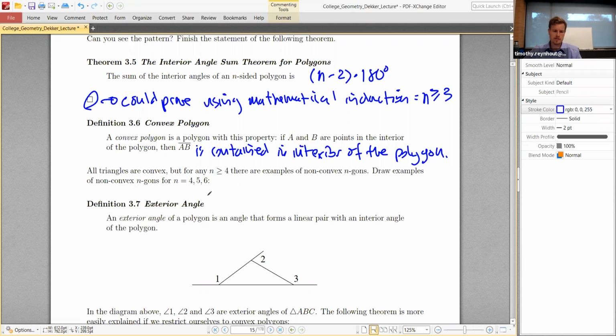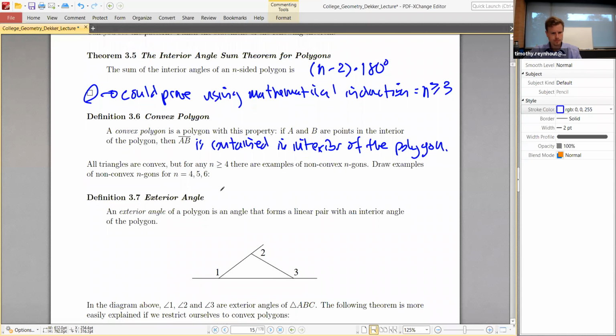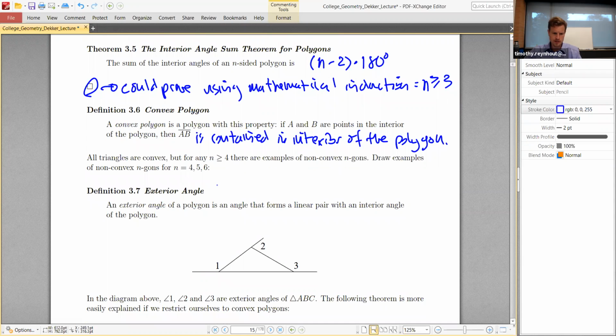So let's draw a few examples here. For a 4-sided figure, we actually drew one already. Here's a 4-sided figure that is not convex. For example, if I chose 2 points, one being here and one being here, if I wanted to draw the line between them, it would cross to the exterior and then back in.